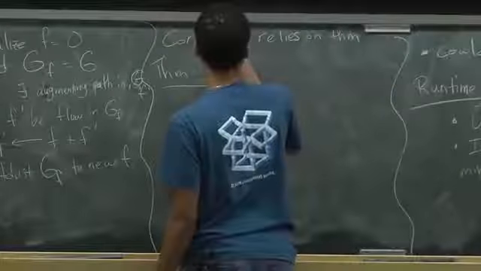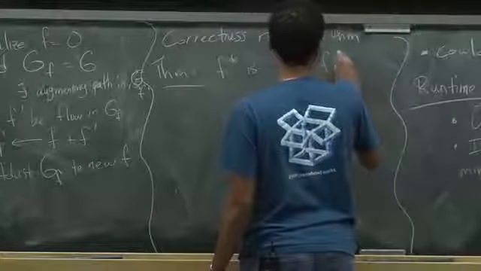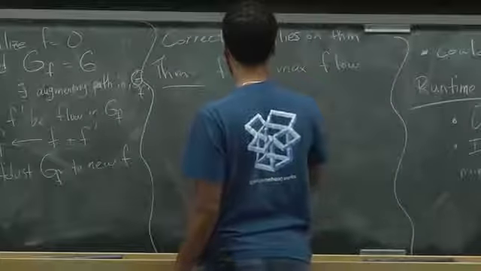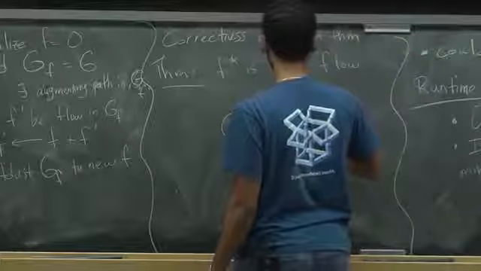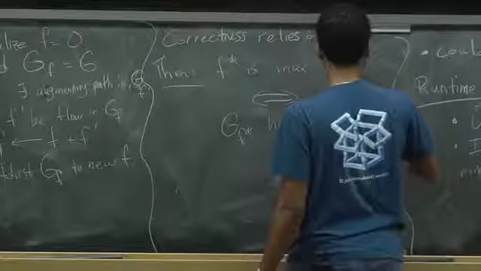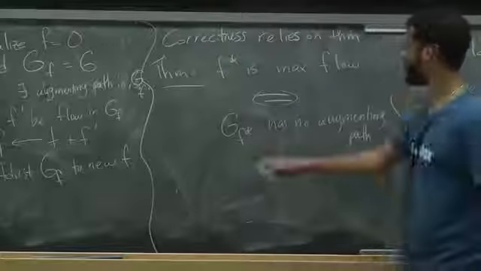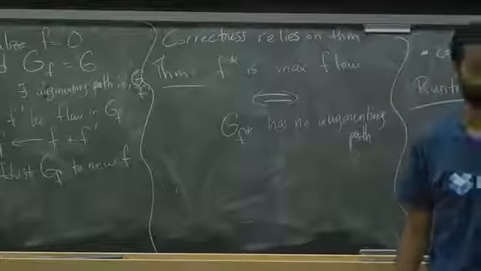F star is a max flow if and only if Gf star has no augmenting path, meaning that S and T are disconnected. There's no path from S to T in Gf star.